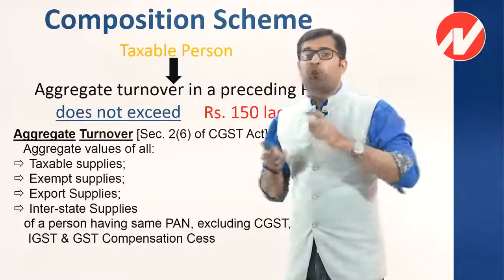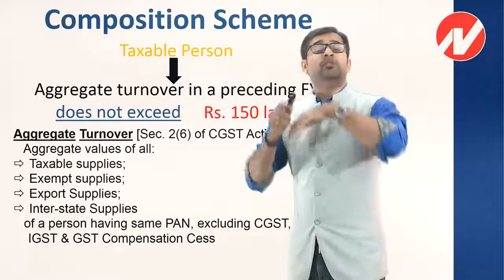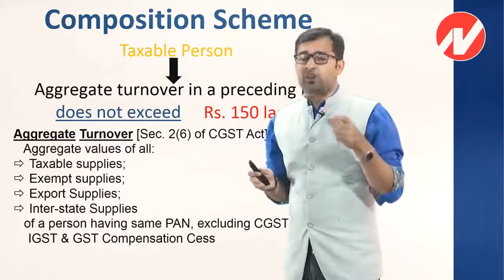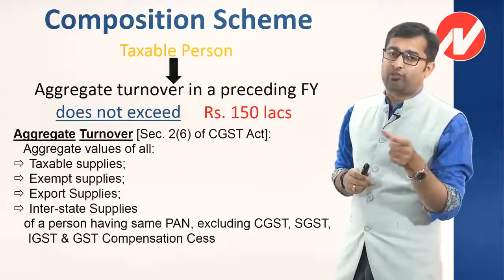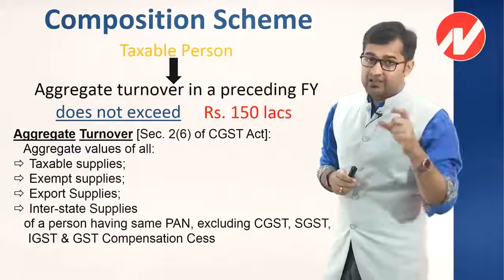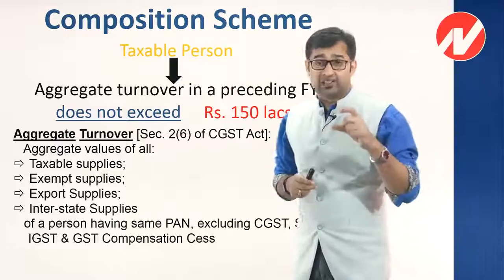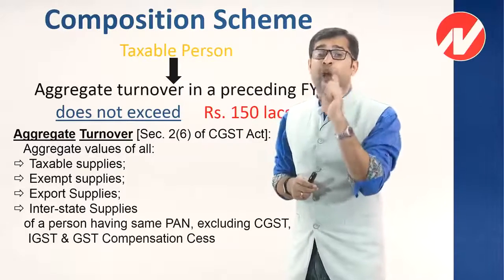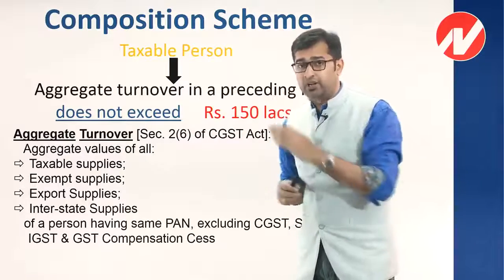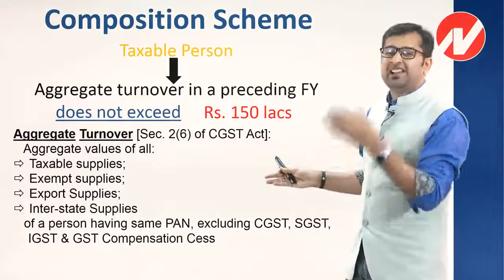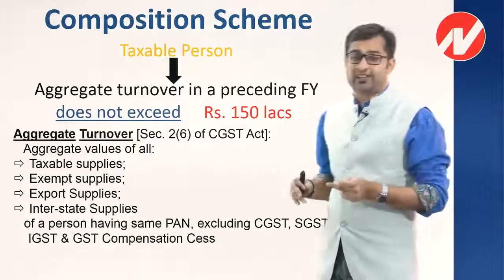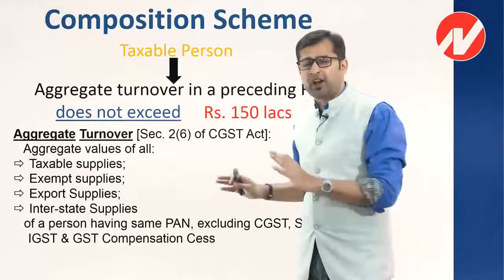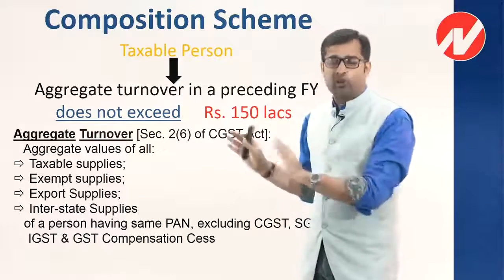In one PAN, whatever turnovers you generate will be put together to decide what is called aggregate turnover. So aggregate turnover means aggregate value of all taxable, exempt, export, interstate supplies of a person having one PAN, permanent account number, excluding CGST, SGST, IGST, GST compensation cess. In fact, UTGST भी होना चाहिए excluding. They say excluding all the GSTs.